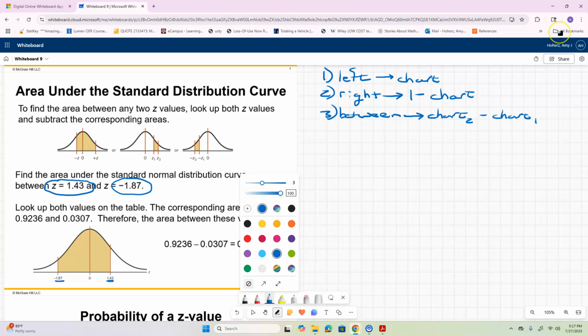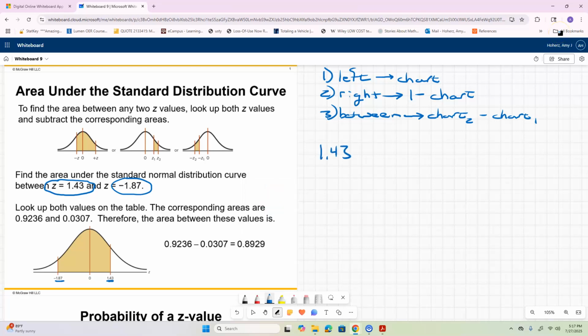So let's write that down. 1.43 from the chart gives us 0.9236. Try to avoid using an equal sign between those, because 1.43 doesn't equal 0.9236, but on the chart it gives us that. So a z-value of 1.43 gives us 0.9236 on the chart.